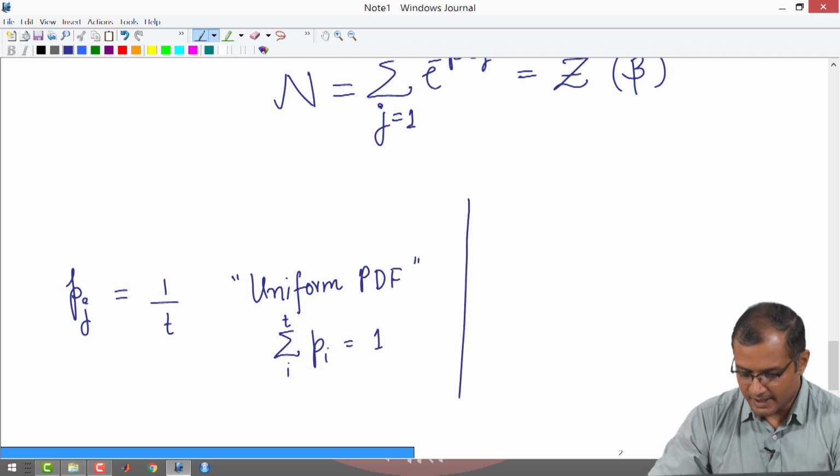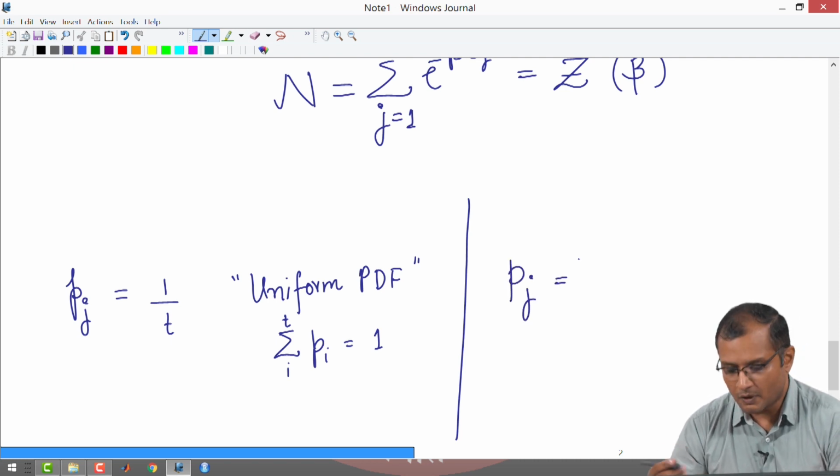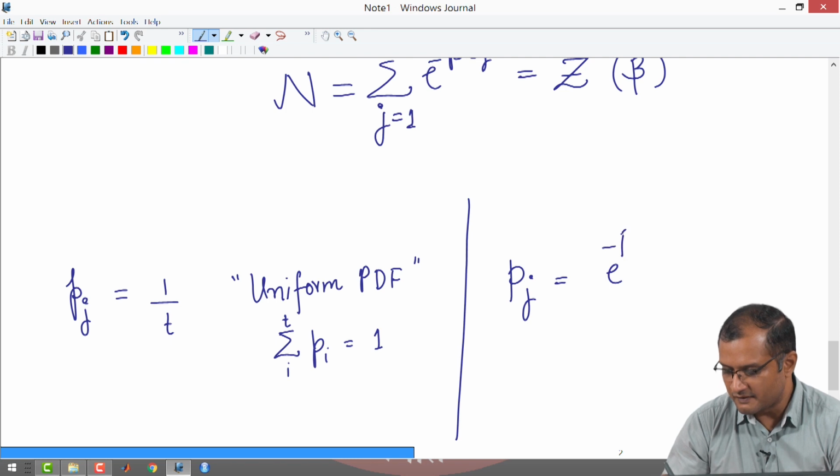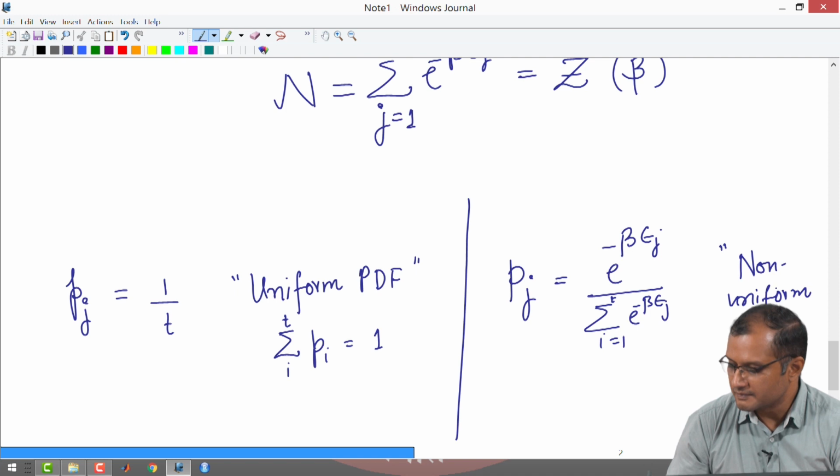And the other case that we have seen is basically P of j, which becomes non-uniform. So, I have e raised to minus beta E j over the sum, so I get a non-uniform PDF if I have an extra constraint.